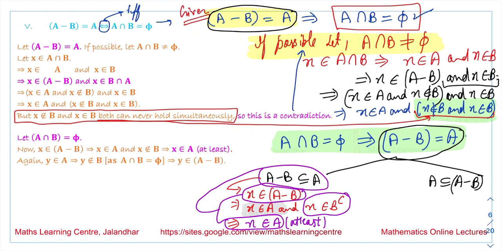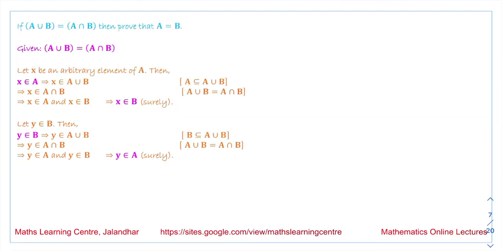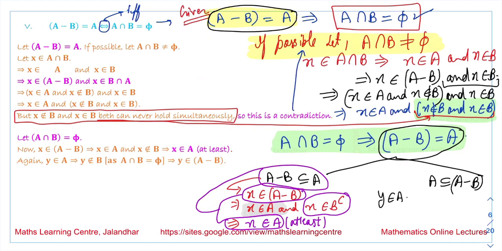For the second part, let there be an element y which belongs to A. This implies that y does not belong to B. Why? Because we are already supposing that A intersection B is equal to phi.